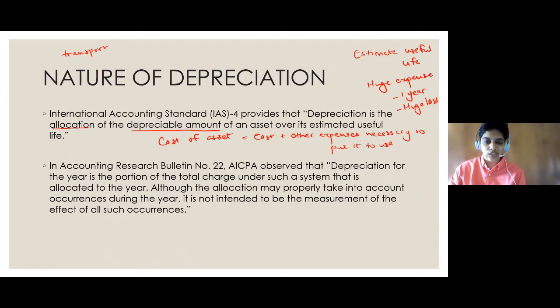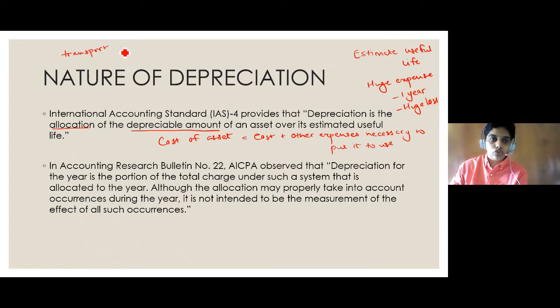This transportation can be in the form of freight, it can be called carriage, it can be called haulage. There are various ways to term that particular transport. So initially you need to transport that to your location.